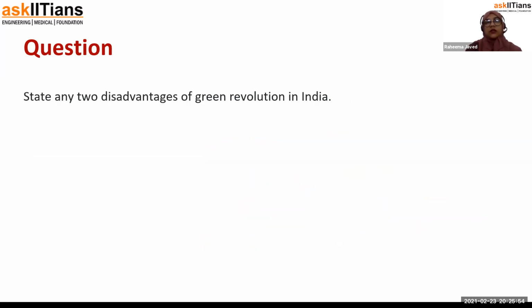So, let's move on to the two disadvantages of Green Revolution in India. While I was explaining Green Revolution, I also focused on the disadvantages. So here we are going to recapitulate them.